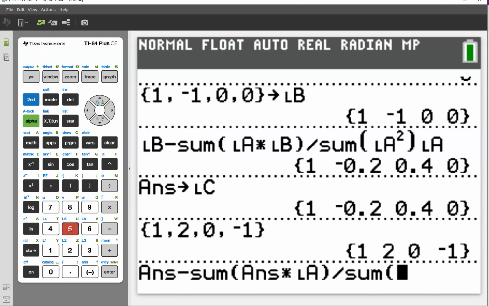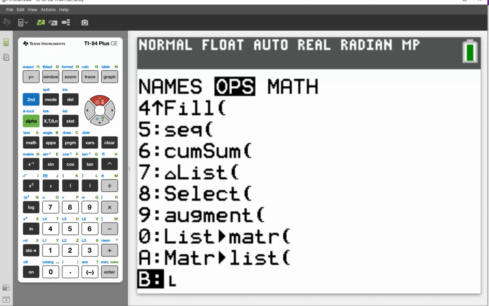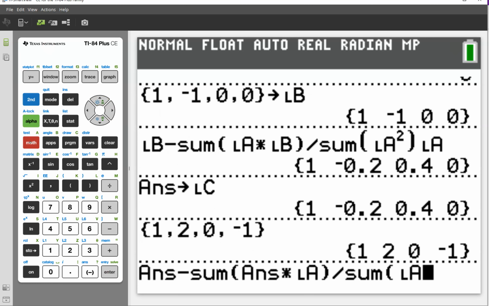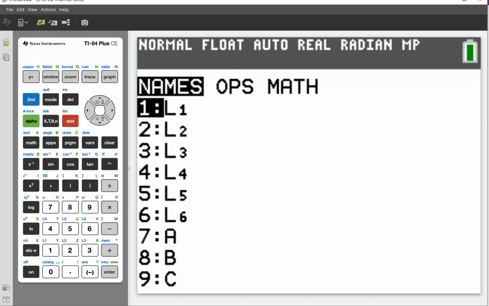List sum of list A with itself. And then again, this is times list A.